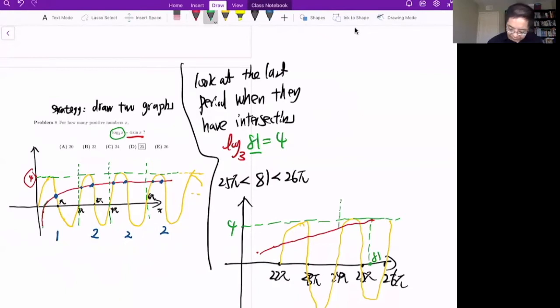So if we go back to the number of intersections, this is 2, and this is 2. How many cycles do we have? We have 13 cycles, right?